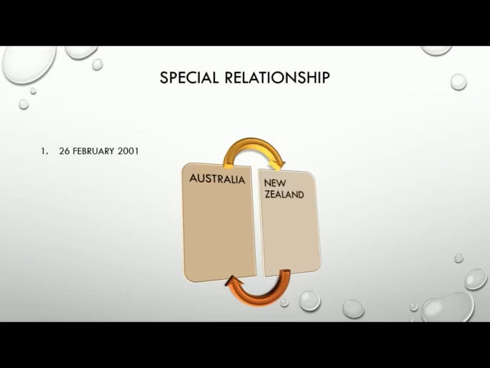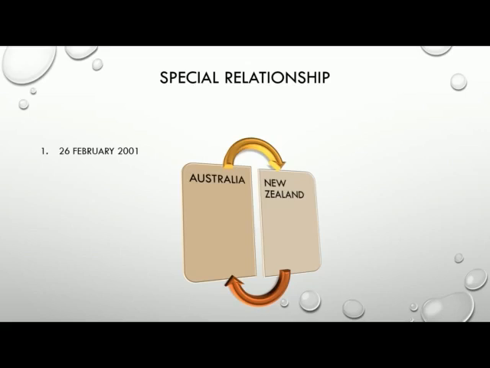Okay, now we want to talk about citizenship. Lots of the time, when you're born into an Australian family, no problem, but there are special rules for special relationships. For example, for New Zealand citizens, if they came prior to the critical date, 26 February 2001, if they arrived in Australia prior to this date, they can become Australian citizens automatically.